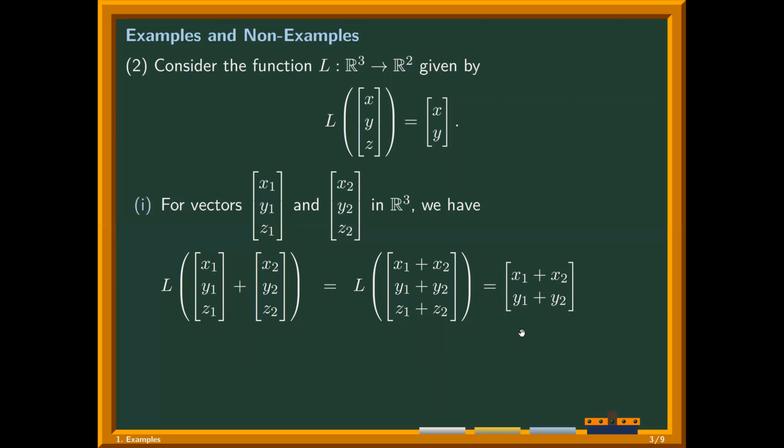Okay, but this vector can be written as a sum of two vectors. Those vectors are the two vector x1, y1 and x2, y2. But by definition of our L, the first is equal to L of x1, y1, z1, while the second is equal to L of x2, y2, z2.